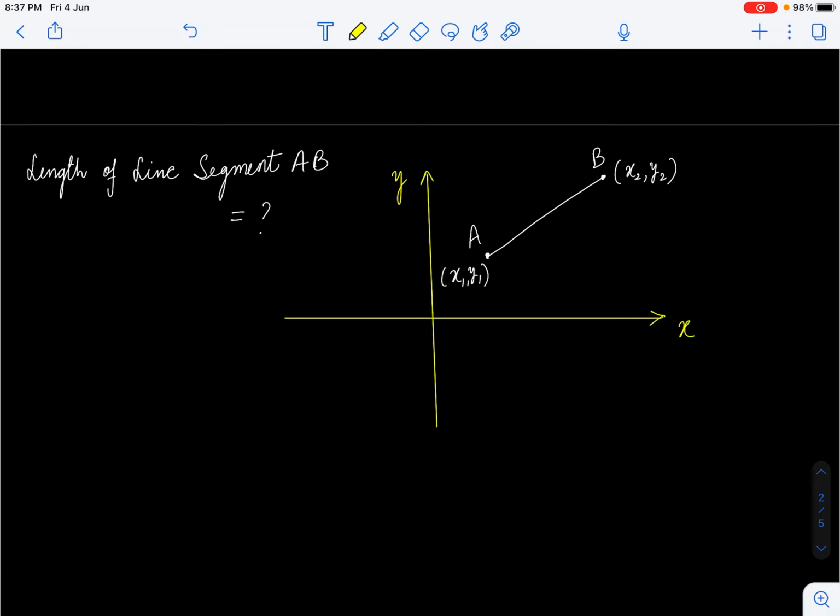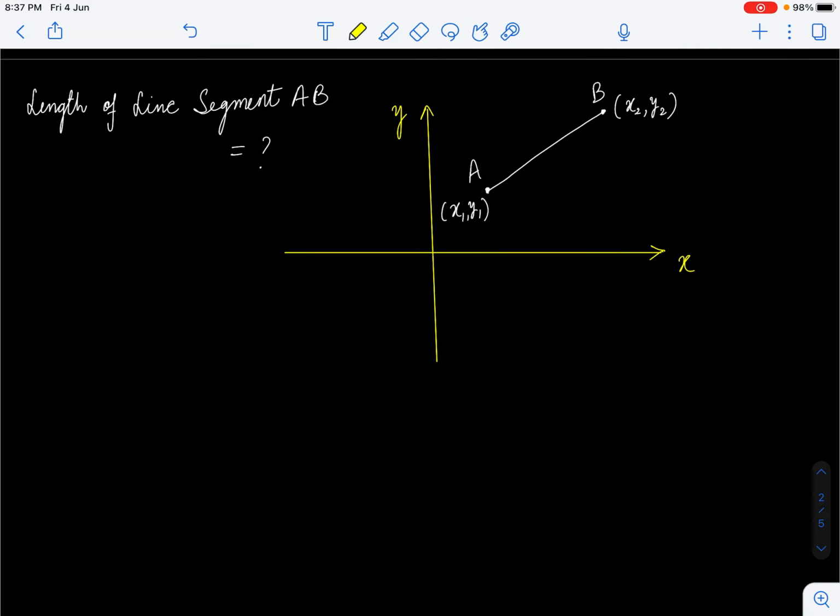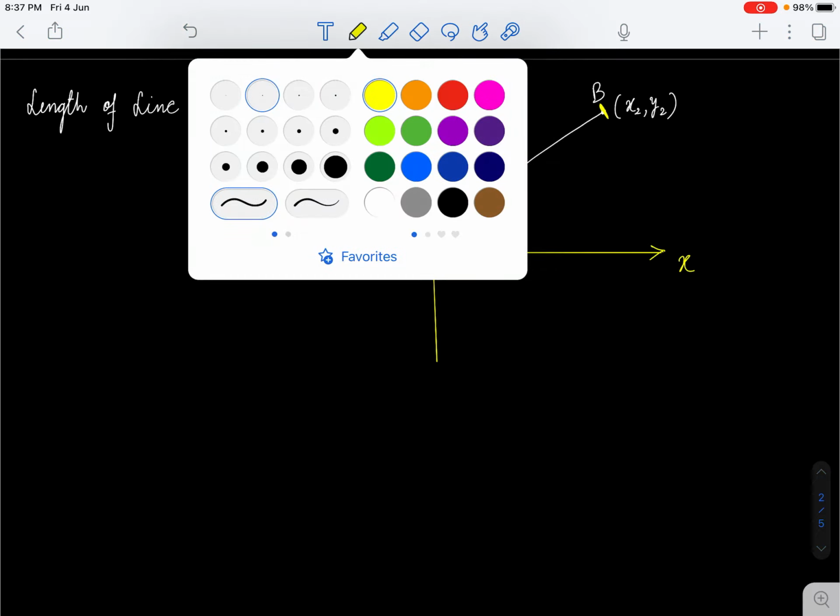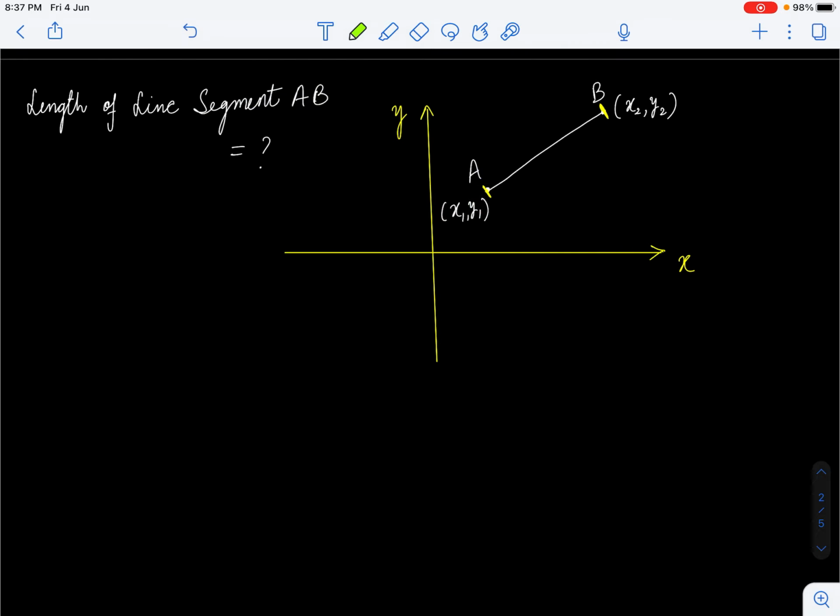Now, first thing that you need to know is, if I have a line segment AB, that is I have 2 points A and B, and I have to find the length of this line segment AB. Coordinates of A are x1, y1, and coordinates of B are x2, y2. So we have to find this length. Let me derive this formula very fast.